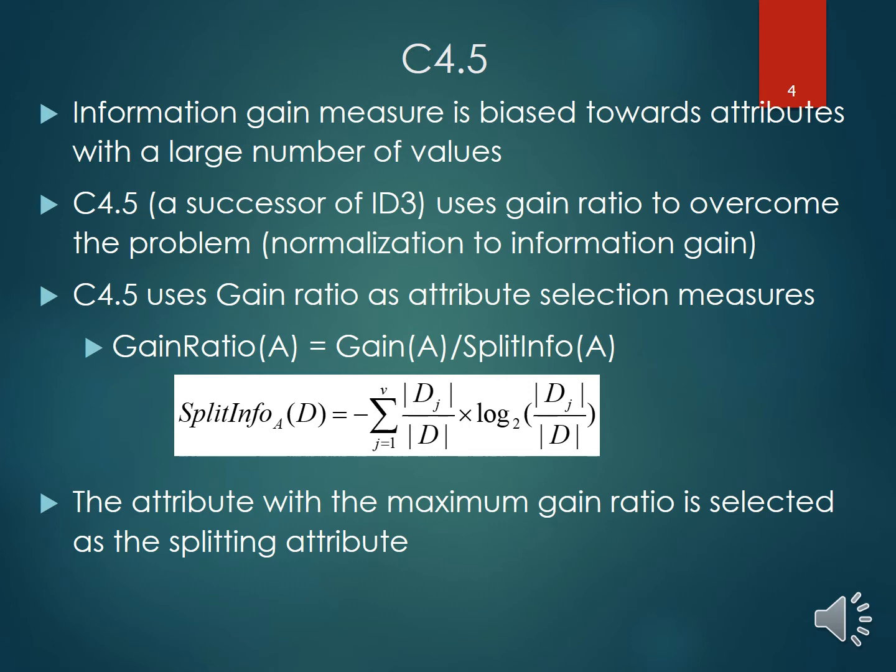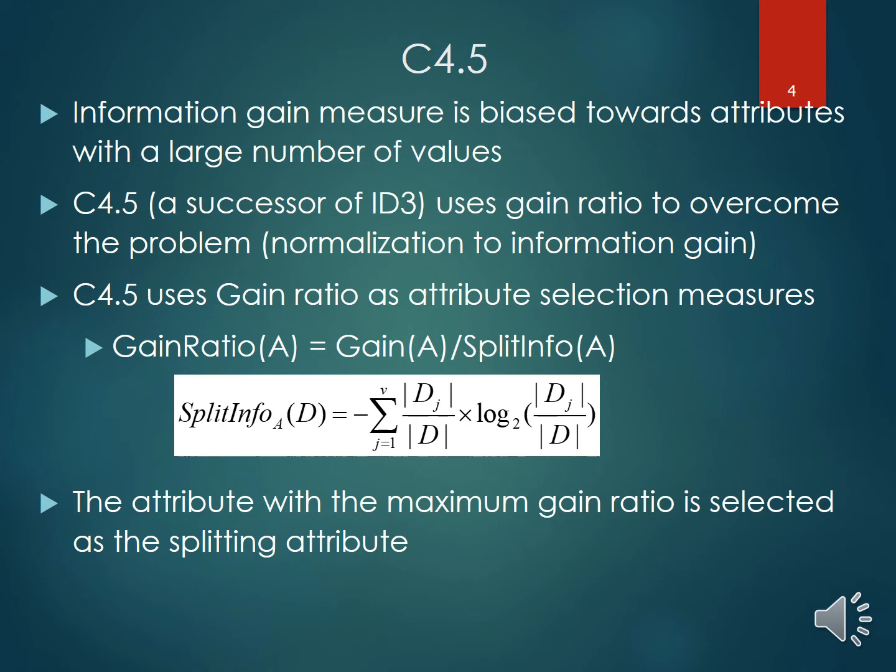C4.5 is the successor of ID3 and uses gain ratio instead of information gain to overcome the above problem. It is actually a normalization of information gain. So C4.5 uses gain ratio as the attribute selection measure.